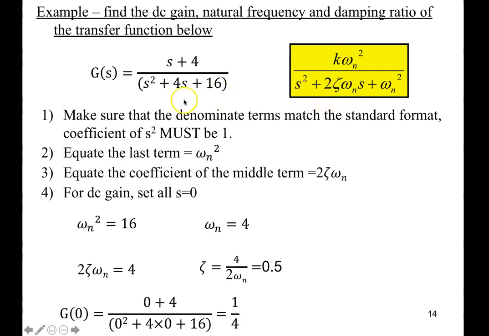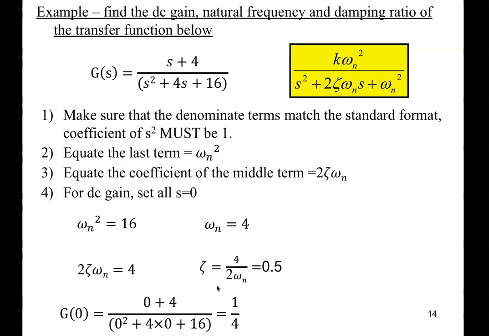And then finally, the coefficient of s in the denominator, the middle term, equals 2 times the damping factor times omega n. So 2 times zeta times omega n equals 4 here. Therefore, zeta equals 0.5.